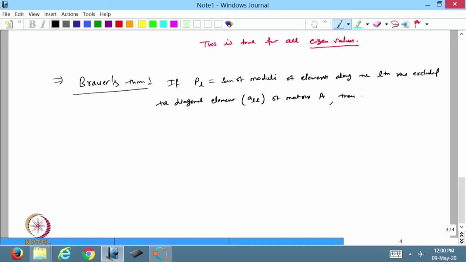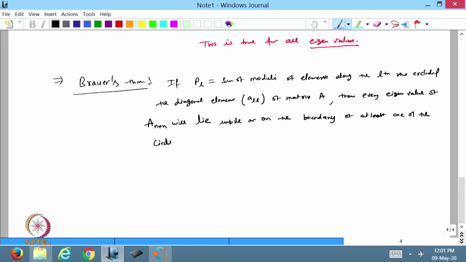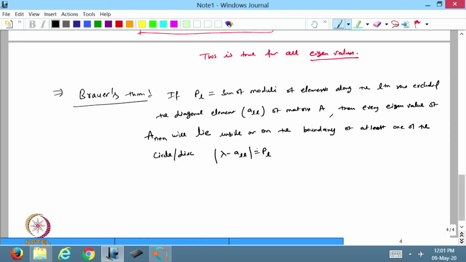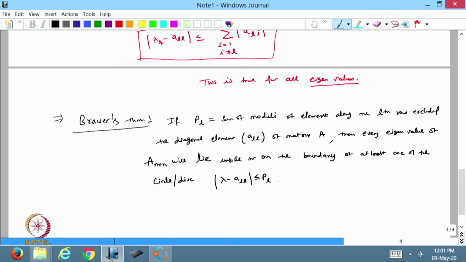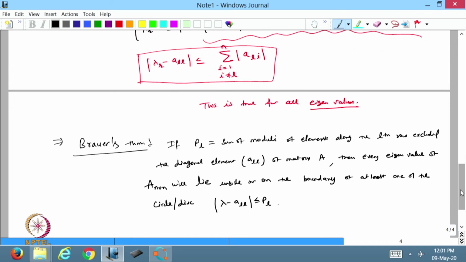then every eigenvalue of A, that is, of the n cross n matrix A, will lie inside or on the boundary of at least one of the circles or disks, I can say |λ minus a_ll| less than or equal to P_l. So, this is whatever we have done from here.